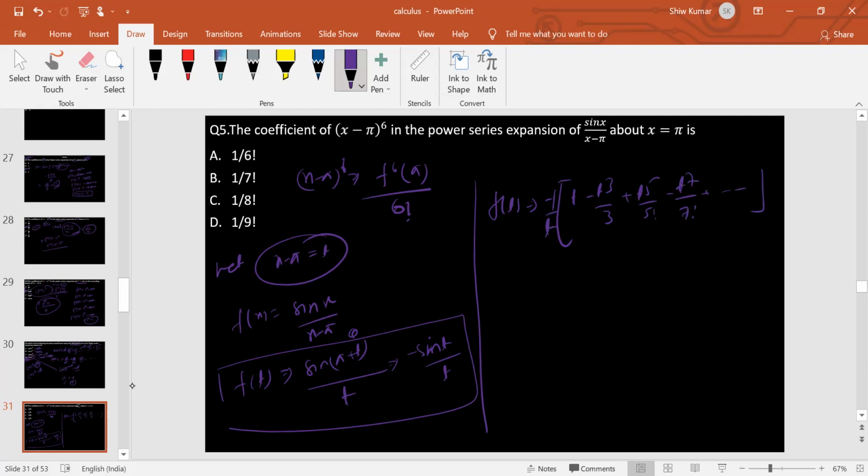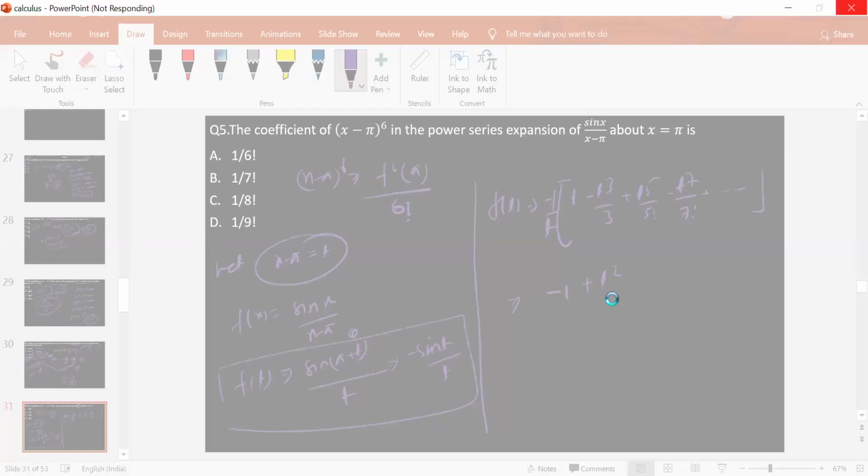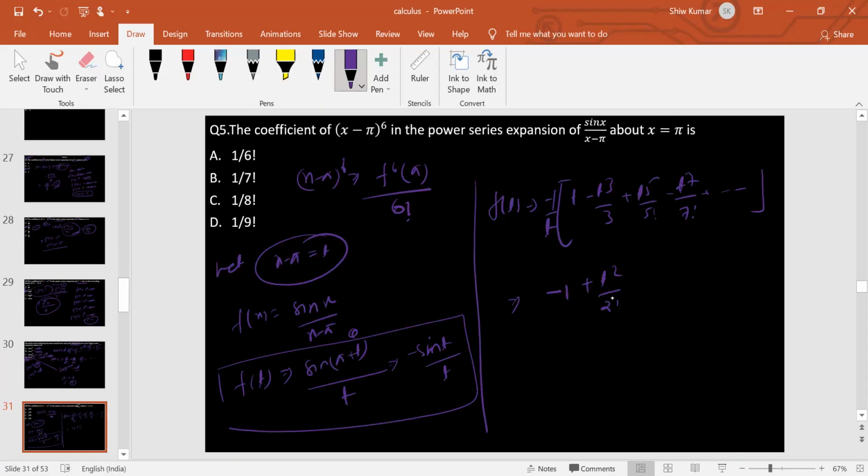But here there is also a 1 by t, so multiply by 1 by t as well. With the minus sign, it becomes minus 1, plus t square by 3 factorial, and t cancels, so you get t raised to 4 by 5 factorial, then minus t raised to 6 by 7 factorial. So this is the series.